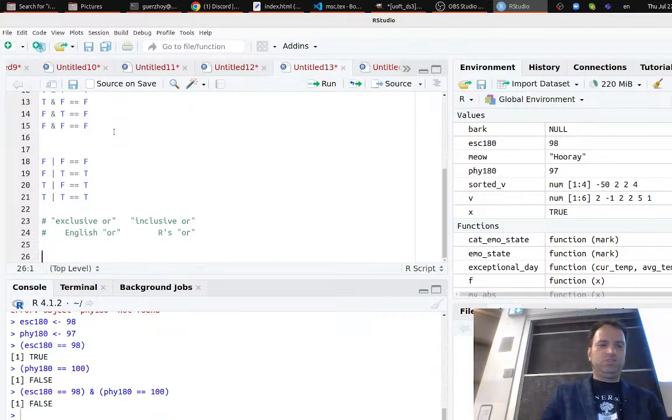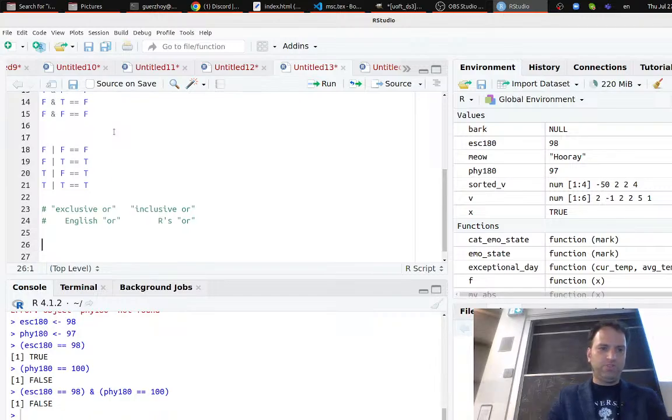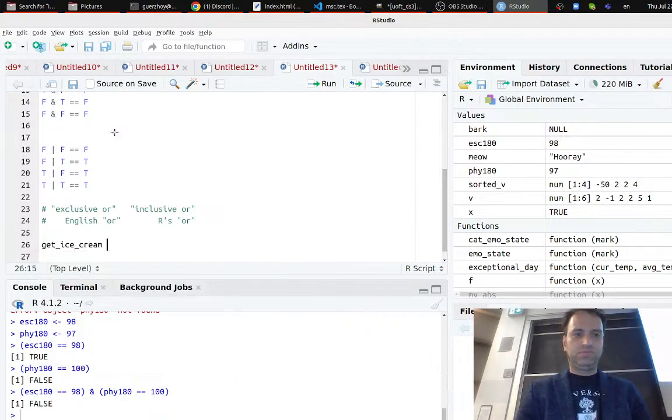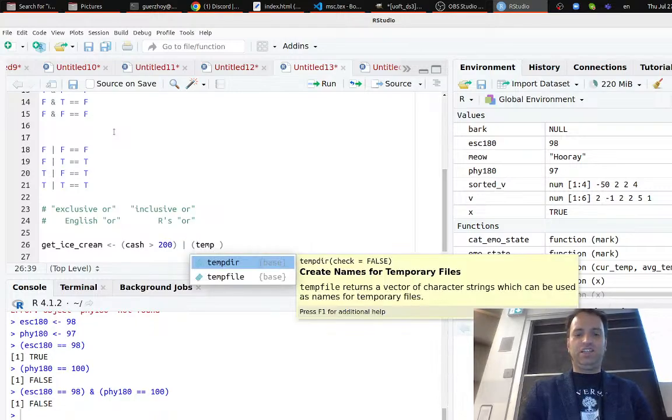So, I want to save my favorite example for ESC 180. What's a good example of OR? Maybe I want to get ice cream if either it's very hot or I have a lot of cash, right? So I'll say cash is greater than $200 or temperature is greater than 30.